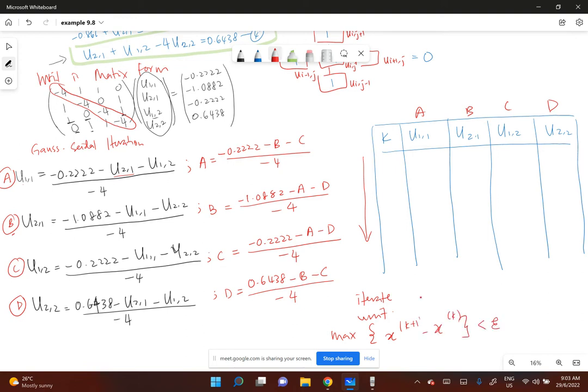So we check the lower row minus the upper row; if less than 0.0005, then we can stop.